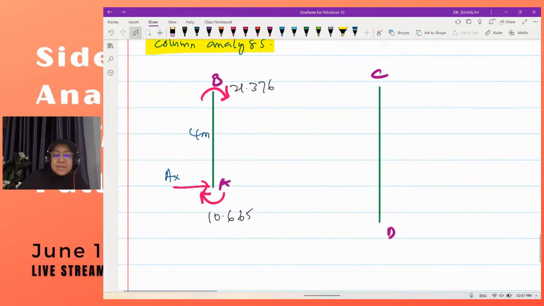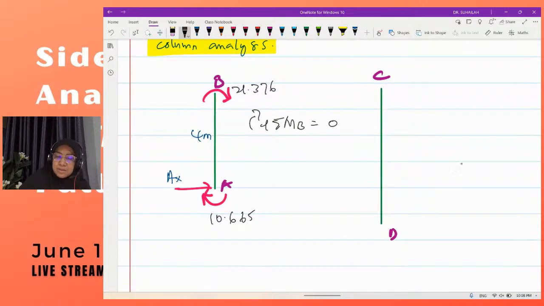So by taking moment at B equal to 0, we will get Ax.